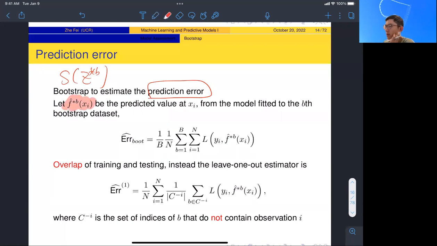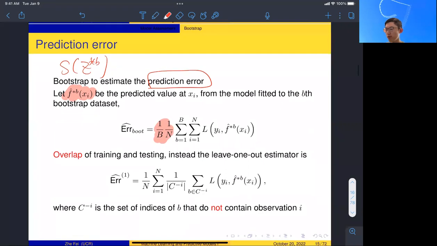So F hat b is the predicted value, essentially the same F hat applied to different bootstrap samples. And so we could get the bootstrap error, which is essentially taking the average over all of your samples and then all of your bootstraps. That should be straightforward.